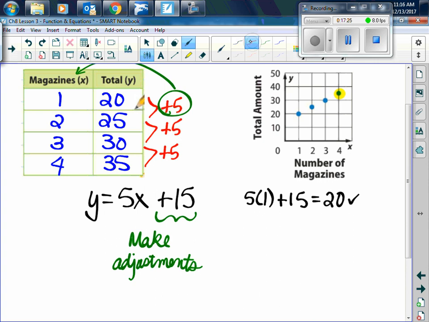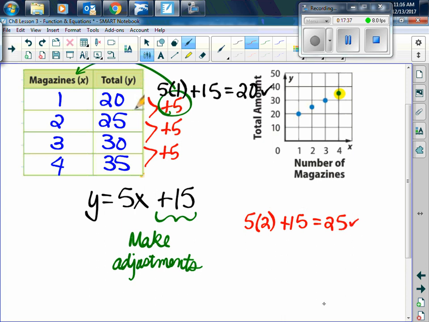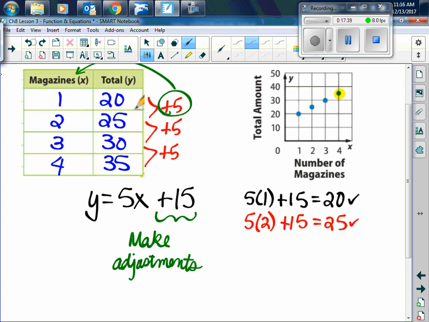Good, that works. So let's try for x equals 2. So 5 times 2 is 10 plus 15 is 25. Check. And then let's check for x equals 3. So 5 times 3 is 15 plus another 15.